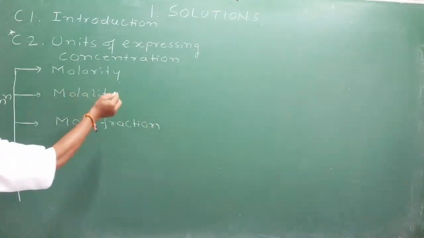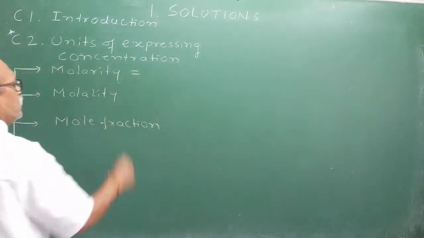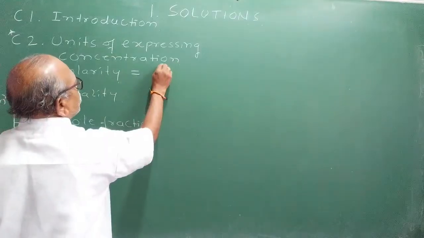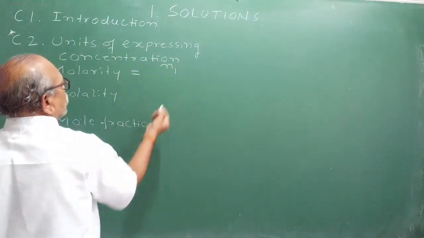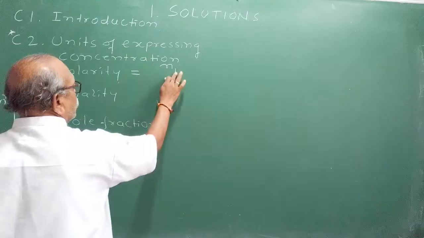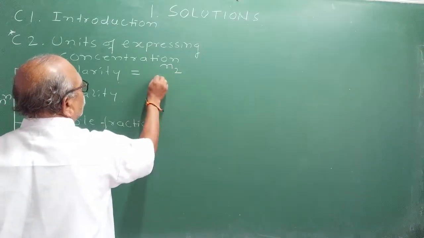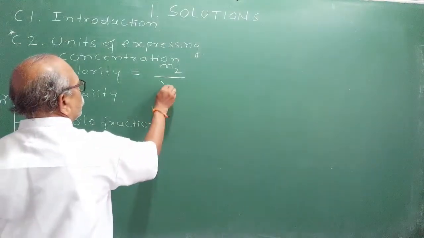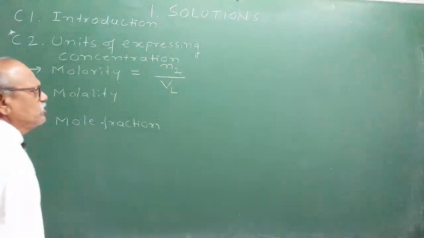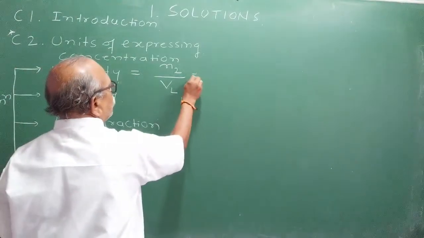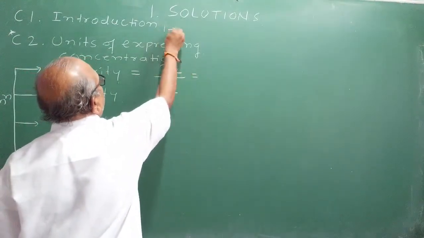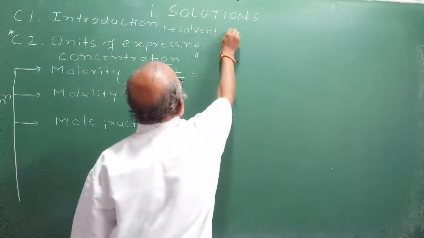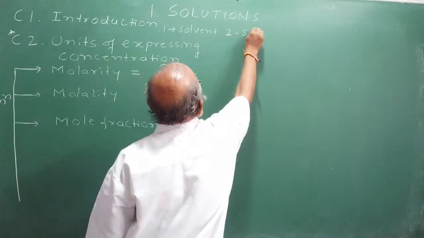The formula to get molarity is given by number of moles of the solute. Generally we use 1 for solvent and 2 for solute.